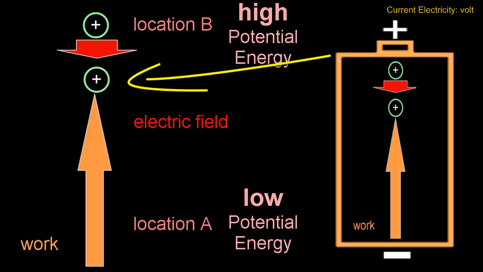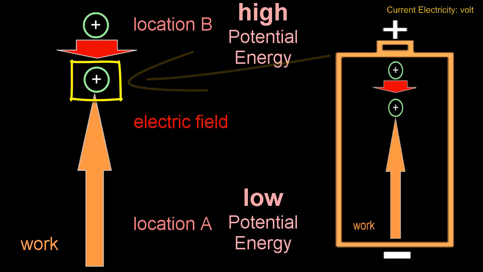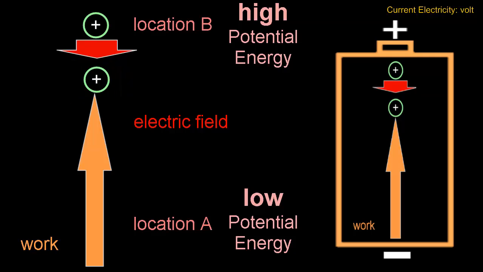Let's take a look back at this positive charge that, if you remember, we moved against an electric field by doing work. We moved it from a low potential energy location to a high potential energy location.